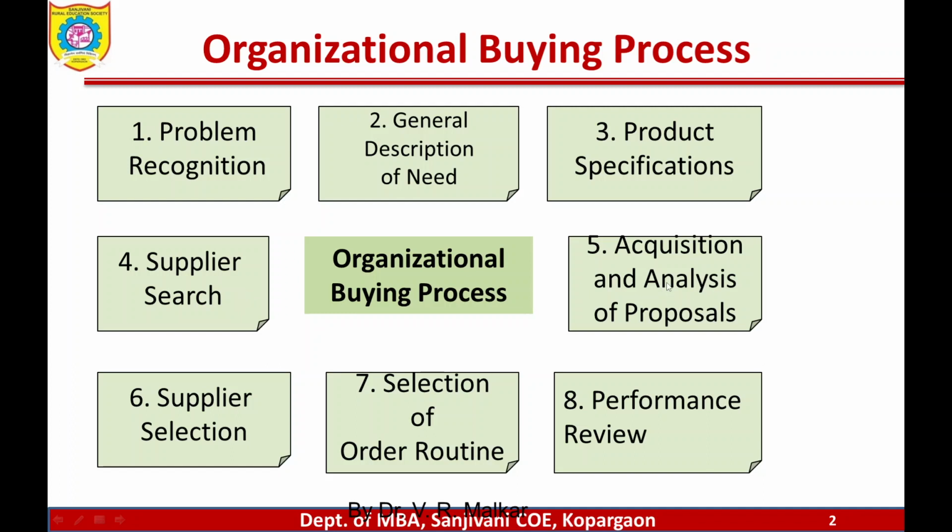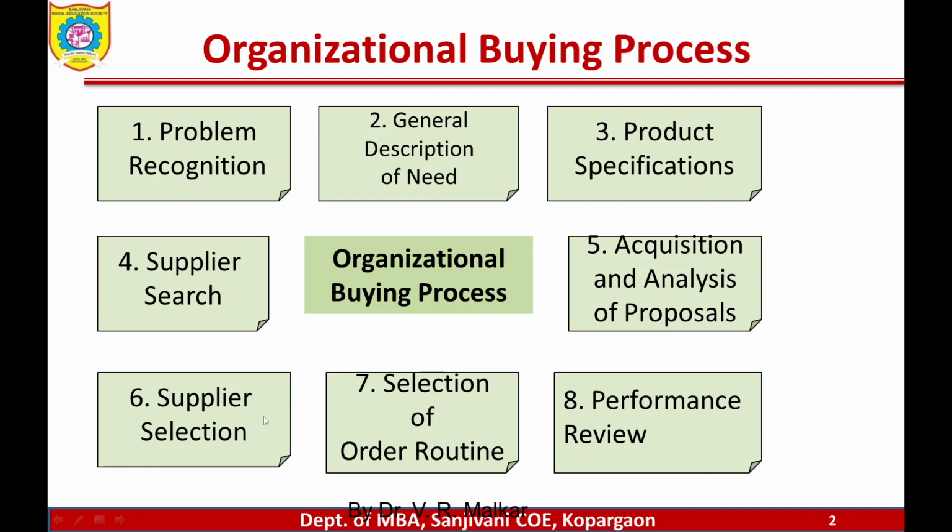Once the quotations have been called from the suppliers, negotiation happens, and after negotiation, the acquisition and analysis. That is nothing but the negotiation and arranging the quotations with lowest offers, or which product solves their particular requirement, and then they finalize the party, that is the supplier selection. Maybe it depends on the experience of the supplier, maybe on the lowest quote.